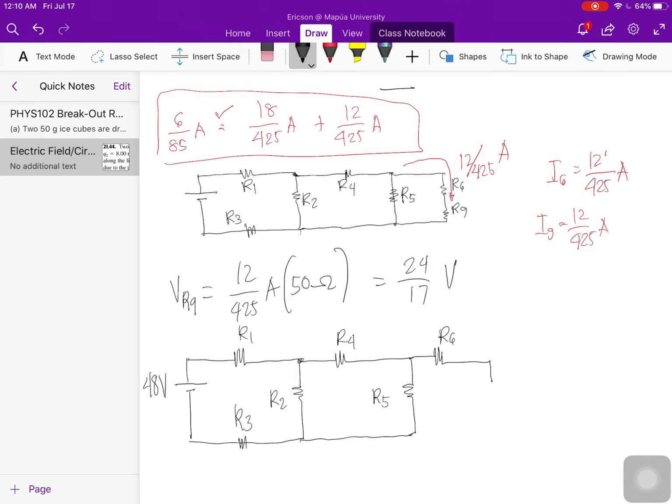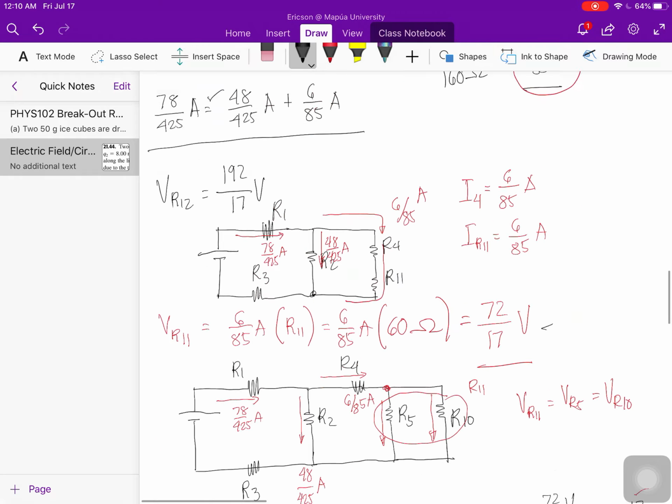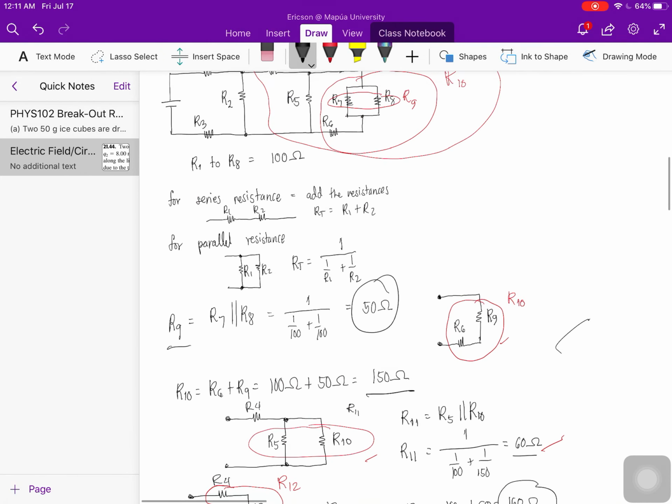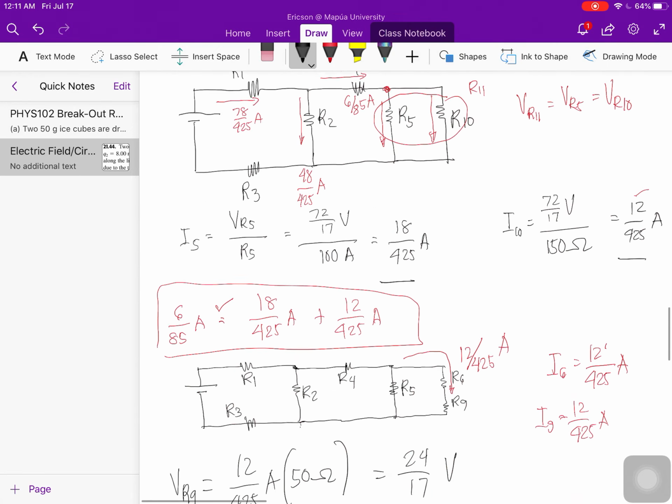R6. Ang R9 is actually ito yun. R7 parallel to R8. Okay? R9 is R7 parallel to R8. Balikan natin. Tama ba? Tama.